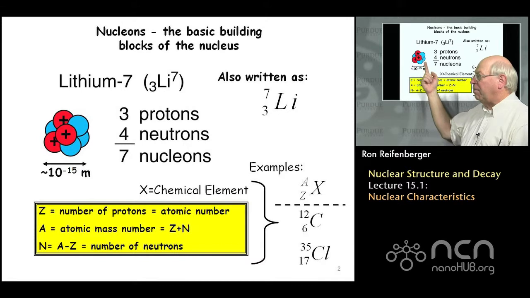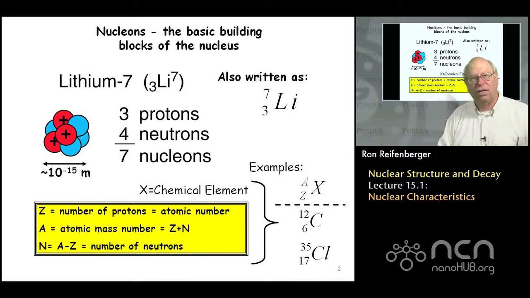So the proper way to identify this particular nucleus is to develop this symbolism where the subscript on the chemical element lithium represents the number of protons in the nucleus, and that's referred to as the atomic number.